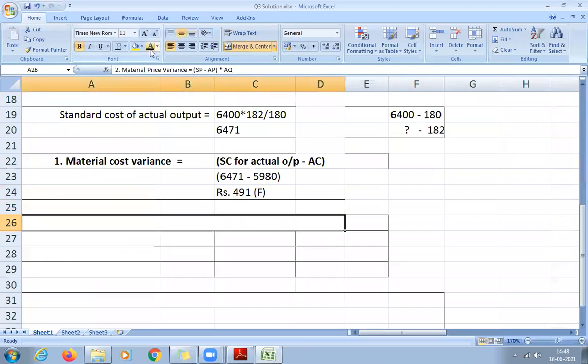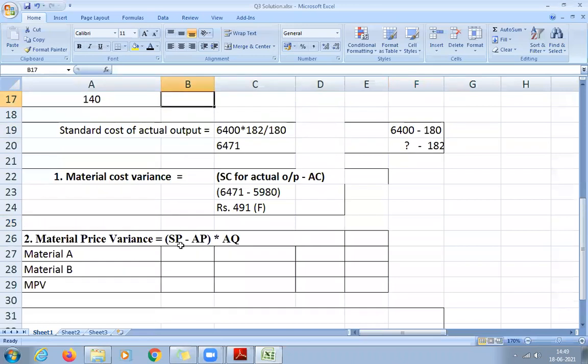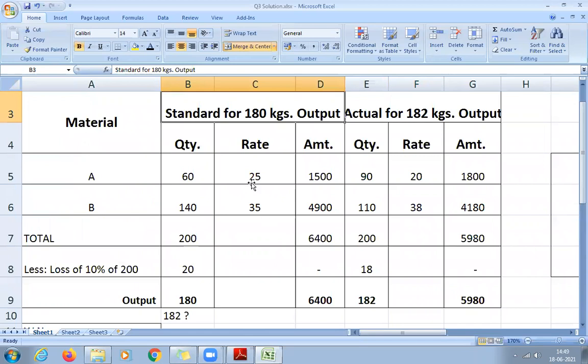So we got material cost variance. Next, we have to calculate material price variance. The formula is standard price minus actual price into actual quantity. We have to do it separately for A and B. Standard price for A is 25 and for B is 35.